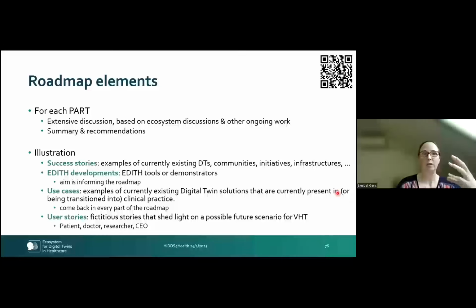We also included a lot of success stories, developments that have been made, use cases where you can see how this actually works, and user stories, like future-looking fictitious stories that can be used in engagements with patients of what this would mean for them, or for academics, or for healthcare providers.